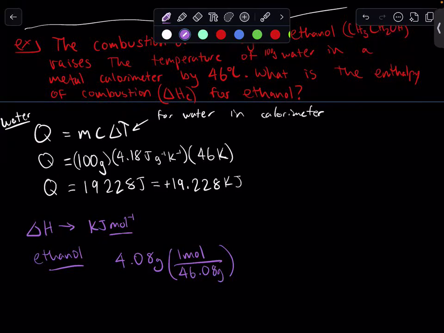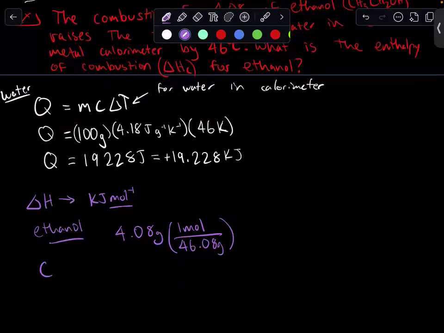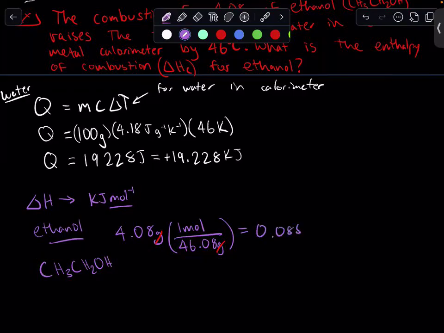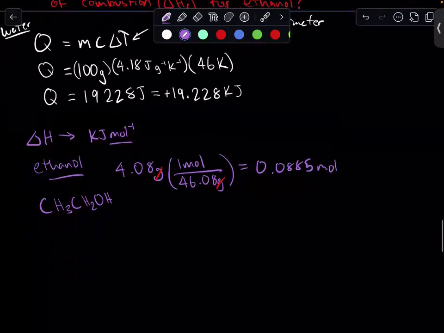I know that because all I'm doing is taking 2 carbons, 6 hydrogens, and 1 oxygen, CH3CH2OH. So all I'm doing is 12 plus 3 plus 12 plus 2 plus 16 plus 1 plus a couple decimals, and we get 46.08 grams. My grams cancel, and I end up with a value of 0.0885 mole of ethanol.